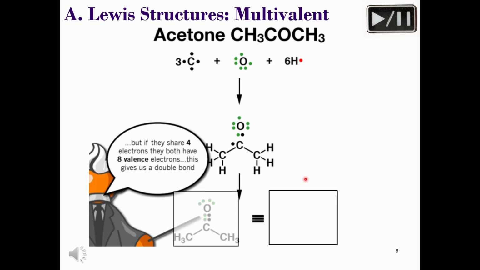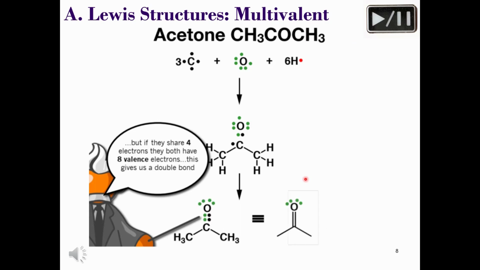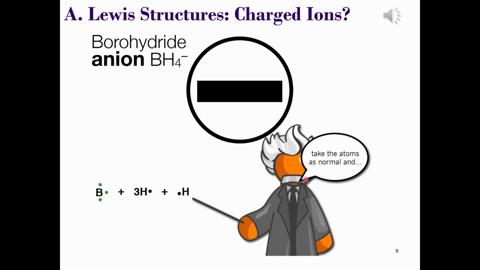So this explains what we do when drawing a multivalent Lewis structure. However, what if we need to draw a Lewis structure for a polyatomic ion? Let's take a look on the next slide. When drawing the structure, you can survey each of the atoms and determine the total number of valence electrons as before.